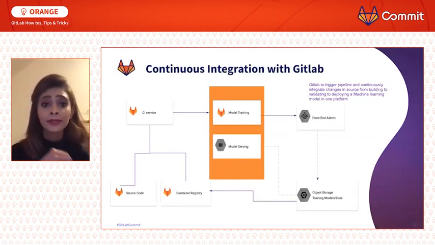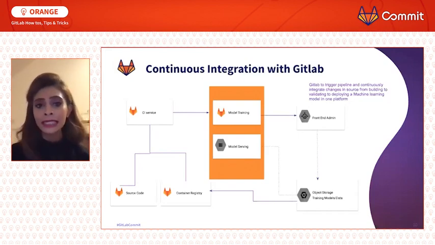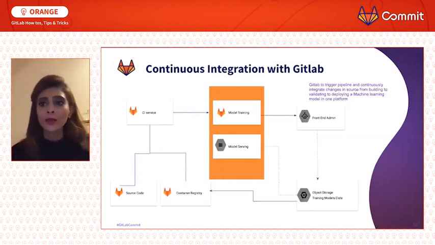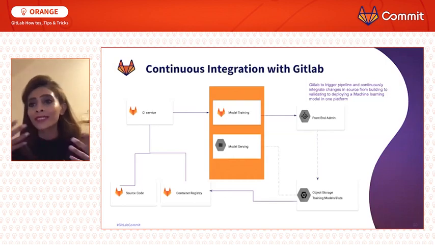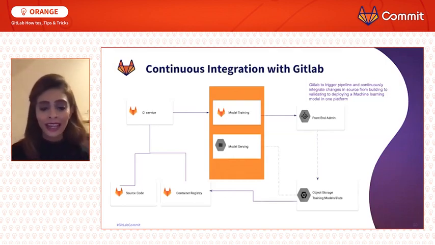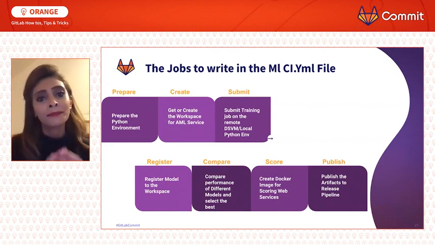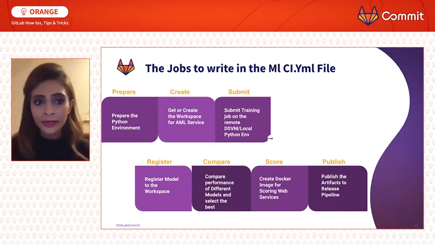So GitLab can trigger the pipeline and continuously integrate into the source, from building to validating and deploying, and have explainability, transparency, and visibility for the data scientists, the DevOps engineers, the data engineers, as well as, if you want, the doctors and nurses to have a part in that feature engineering or any business domain. So we looked into the CI pipeline and how we orchestrate all of that.